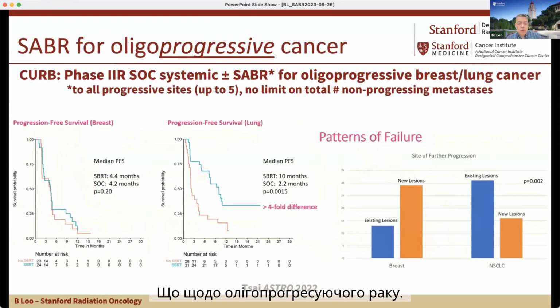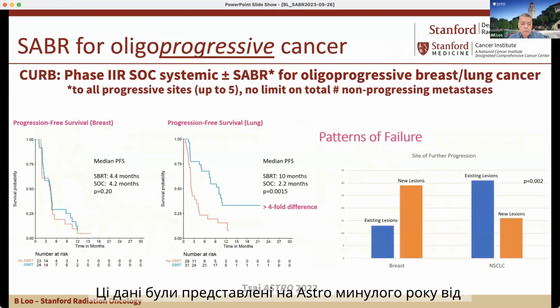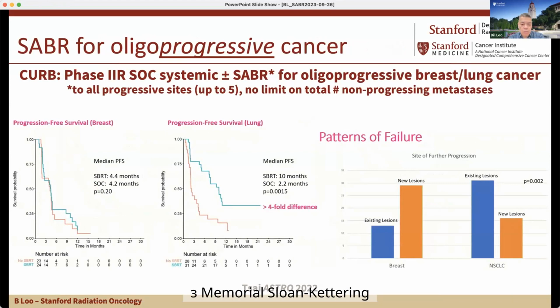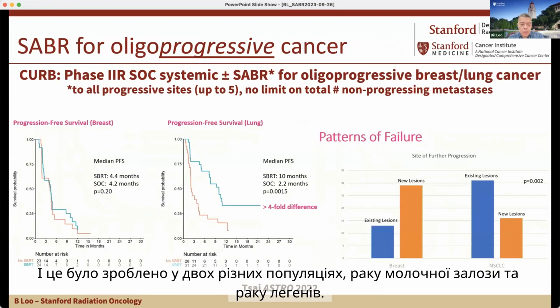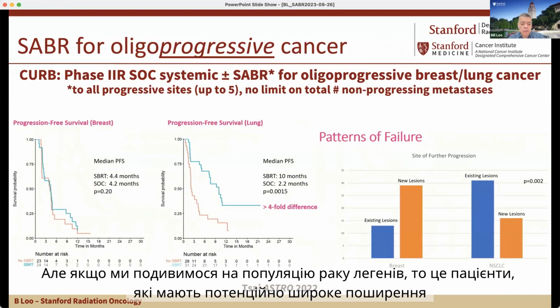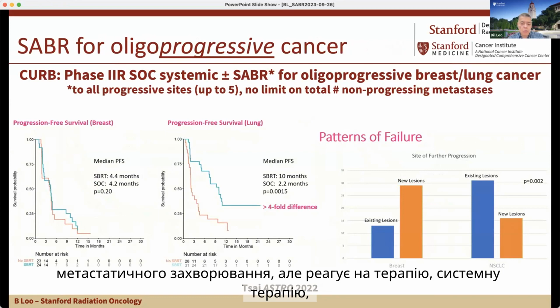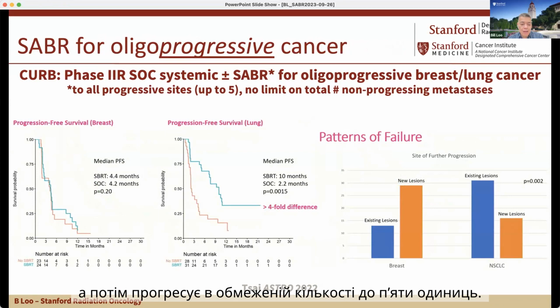What about oligoprogressive cancer? These data were presented at ASTRO last year from a trial led by Memorial Sloan Kettering. It was done in 2 different populations, breast cancer and lung cancer. If we look at the lung cancer population, these are patients who have potentially widely metastatic disease, but responding to systemic therapy, and then have progression in a limited number of sites, up to 5 sites.